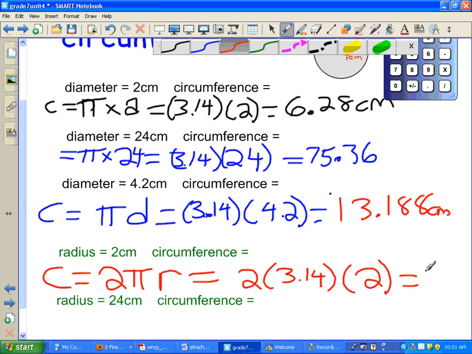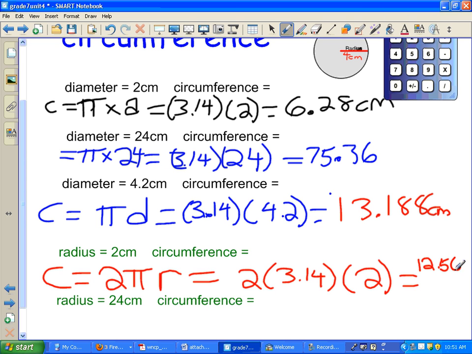And I'll put that down here: 12.56 centimeters. Funny, because when we had a radius of 2 here and we double it, it ended up being double what we had here.